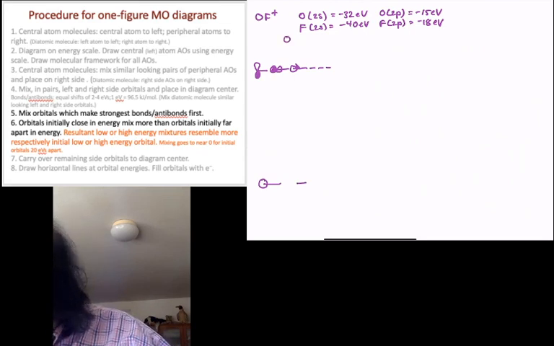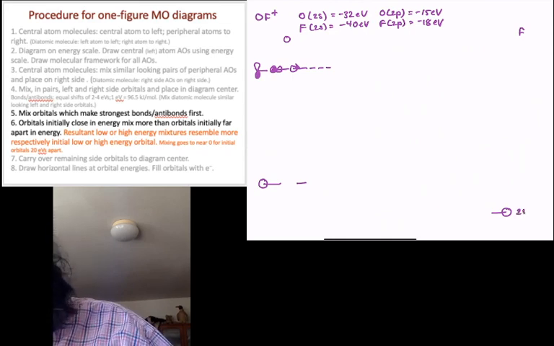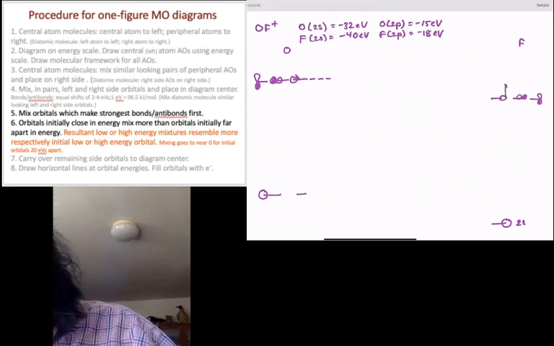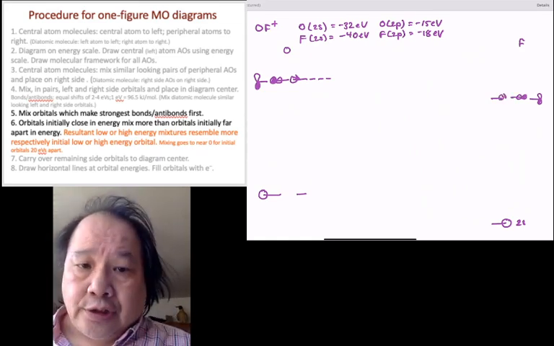I'll put the fluorine over here, and here is the fluorine lower in energy. There's the 2s at minus 40 eV, and I'll put the 2p's here.